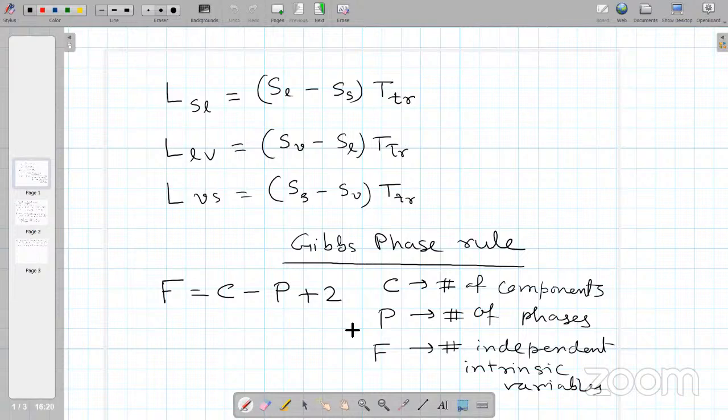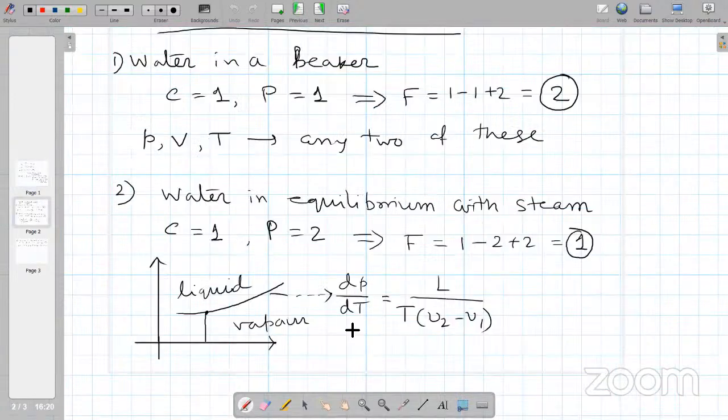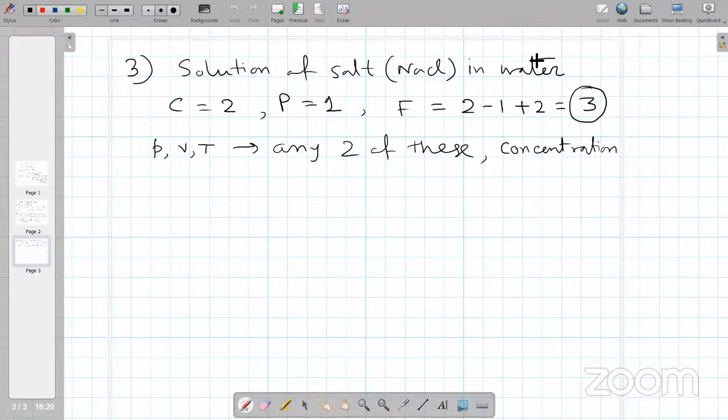Just like the equation of state initially looks like just a tool for solving problems or giving a brief idea of the state of the system, but it turns out that the equation of state contains all necessary information, including the information regarding energies and free energy function. Similarly, this Gibbs phase rule looks very simple, but it actually gives you a very good idea of how to get the entire thermodynamic description of the system.